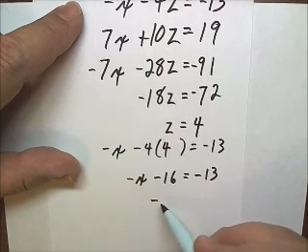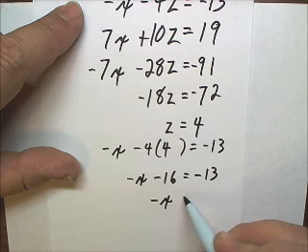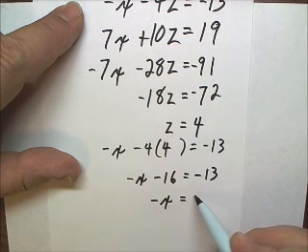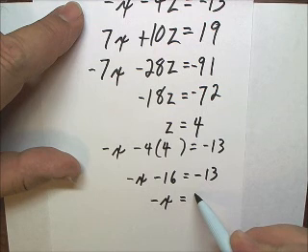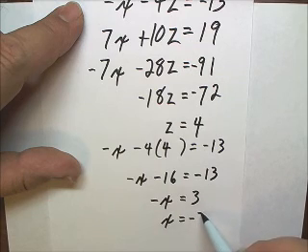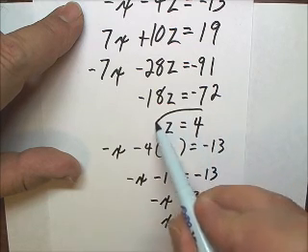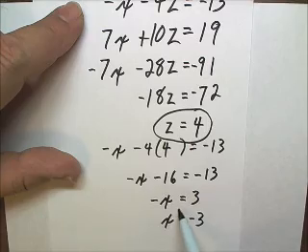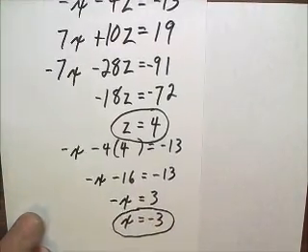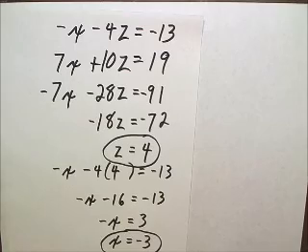Now I'm going to add 16 to both sides, and I get negative x is equal to positive 3, or x equals negative 3. So these are two parts of the solution, z equals 4 and x equals negative 3.